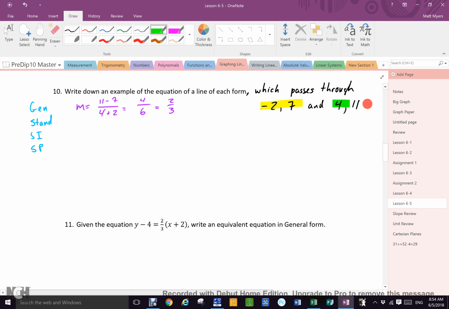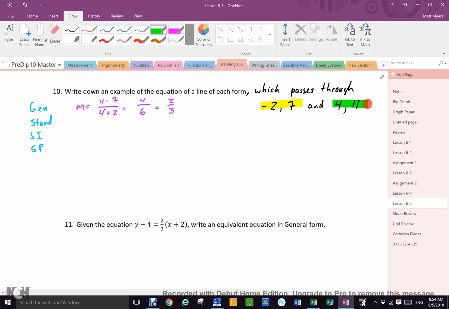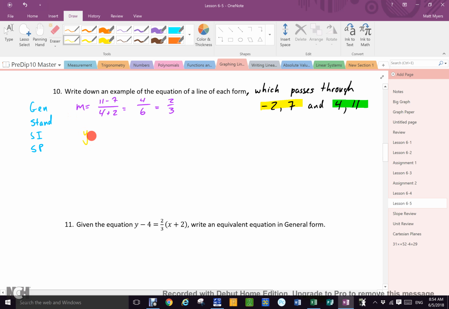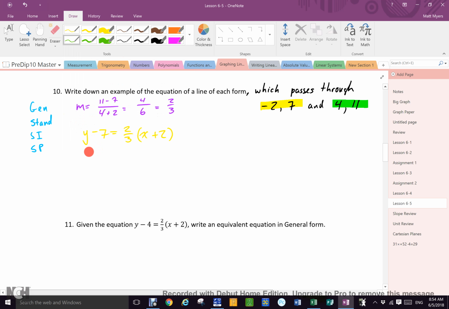So, all right, if I use the yellow highlighted one, then it would be y minus 7 equals 2/3 (x plus 2). Correct? If I used the green one, what would it be?